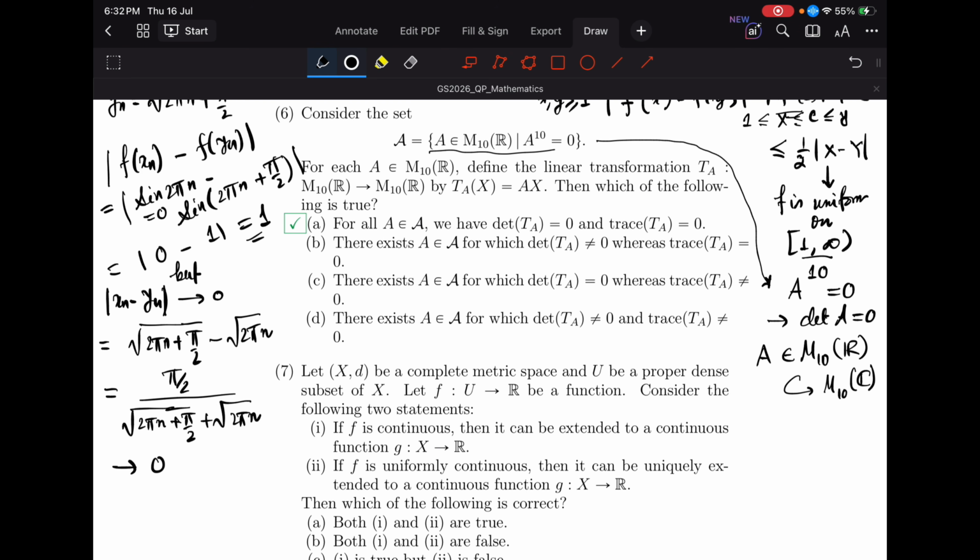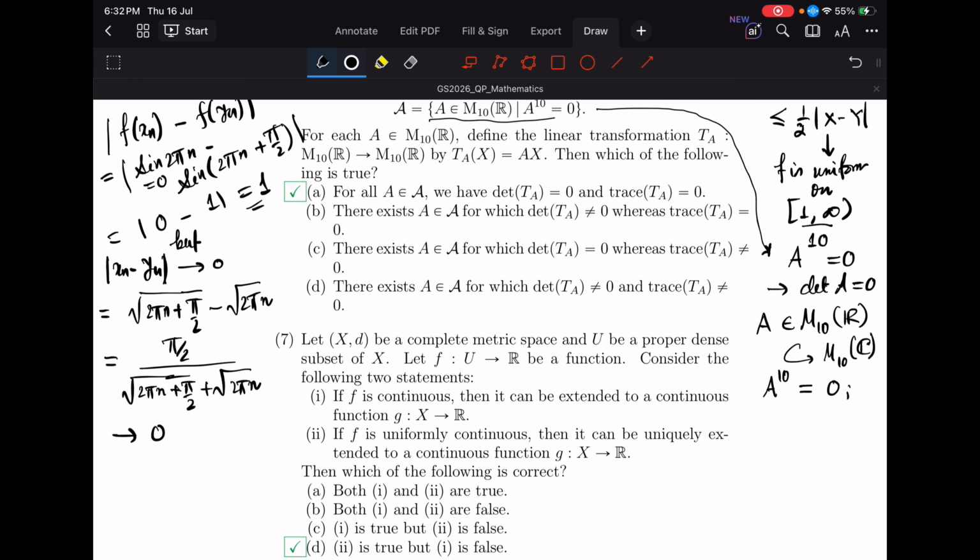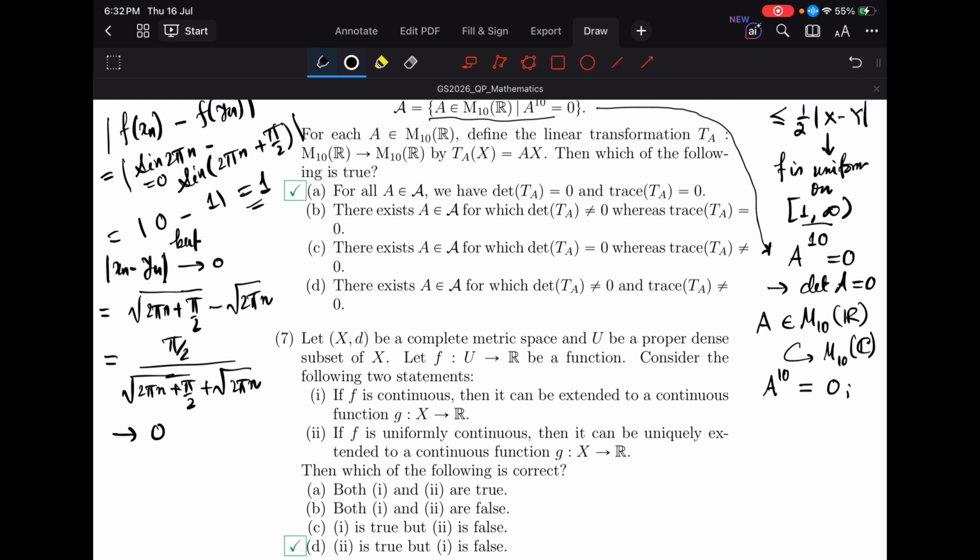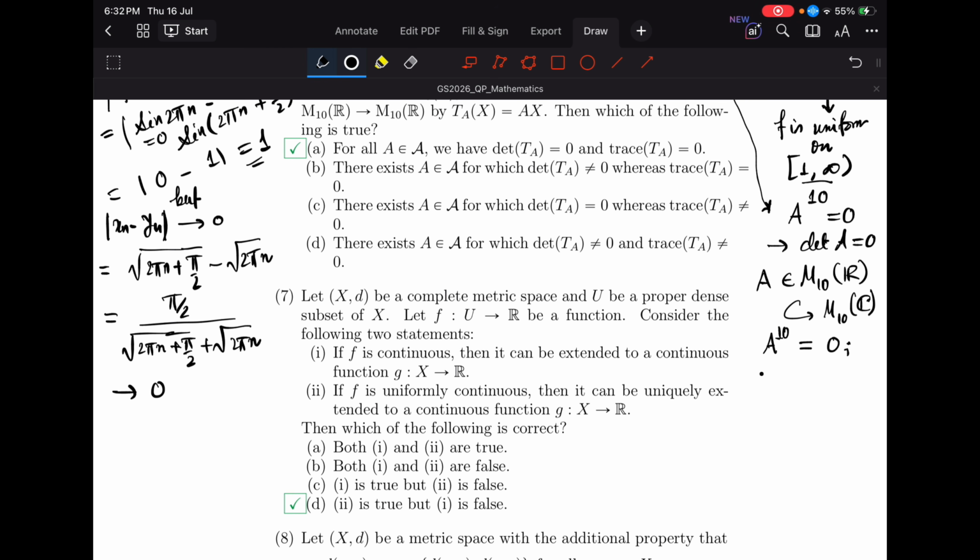So if you look at its image in Mn(C), then A power 10 equal to 0, what does that imply? So inside C, we have that the characteristic polynomial of A, let's say P of x, right?